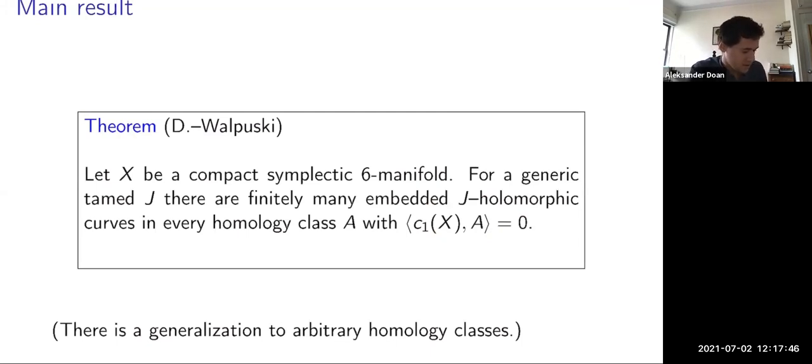And this condition is not very restrictive. If this number is negative, then generically there are no curves, so that's uninteresting. If it's positive, then you can prove the same result when you impose certain insertions, constraints on your curves to reduce the dimension to 0. So there is a straightforward generalization to arbitrary homology classes. In some sense, this case is the most interesting one.